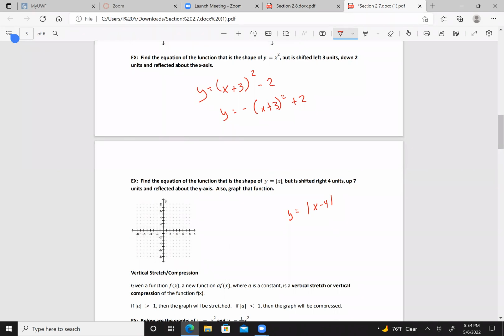Then we're going up 7 units, plus 7. And then we're taking a negative for the y-axis. So I just want the negative of x. So y equals the absolute value of negative x minus 4, plus 7.